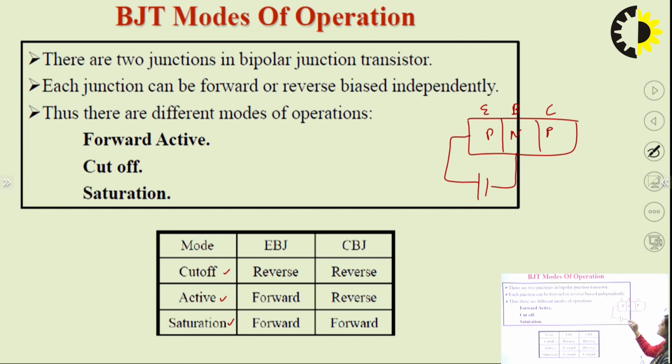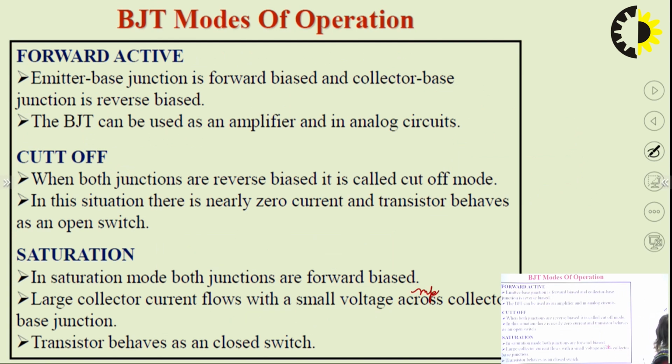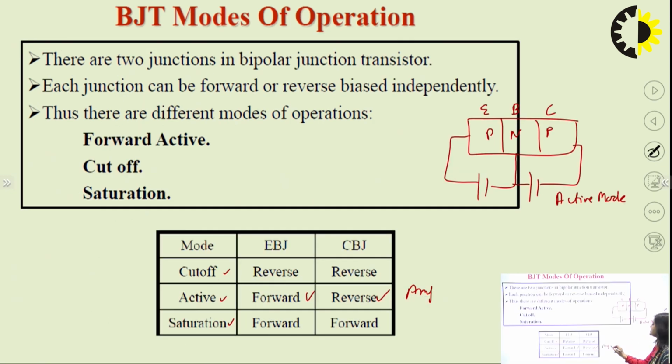P and N is connected in the emitter, base is connected in forward bias, and this is connected in reverse bias. This is the active mode, when the emitter base junction is forward biased and the collector base junction is reverse biased. In this mode, the transistor acts as an amplifier. Basically in this mode, we use the transistor as an amplifier.